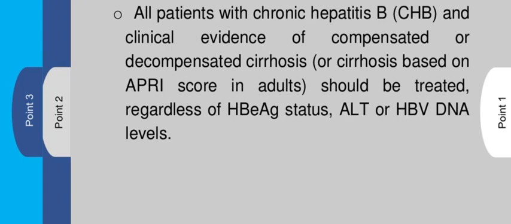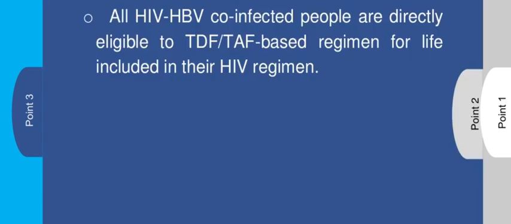Of course, whether that has any impact, there is evidence internationally that it can help some people. Second group is when there is co-infection between hepatitis B and HIV. You qualify for treatment regardless, because there are drugs that work for both hepatitis B and HIV.